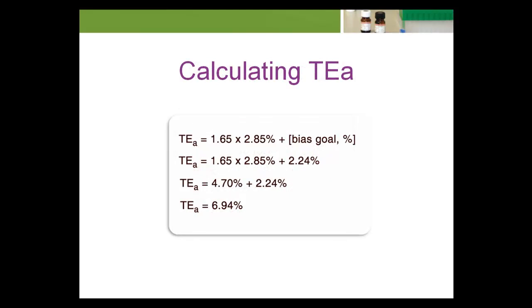We have all the information we need to calculate the TEA. We'll multiply the z-score, 1.65, by the CVA, 2.85%, and then add the BA, 2.24%, resulting in a TEA of 6.94%.